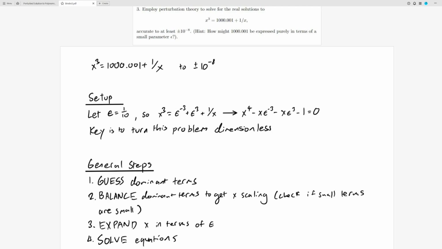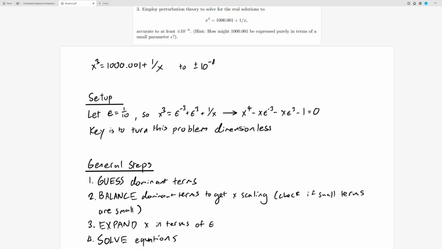How might this number be expressed purely in terms of a small parameter epsilon? Well, setting this up, we can make epsilon equal 1 over 10, purely for, I would say, cosmetic reasons. But the goal is to turn this problem dimensionless so that we can work with variables instead of numbers, and then we can manipulate these easier later on.